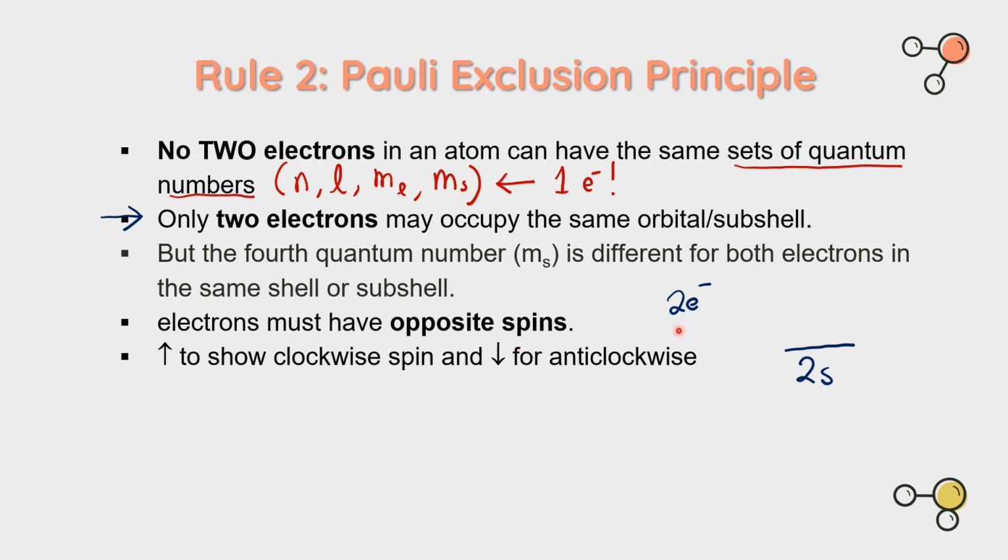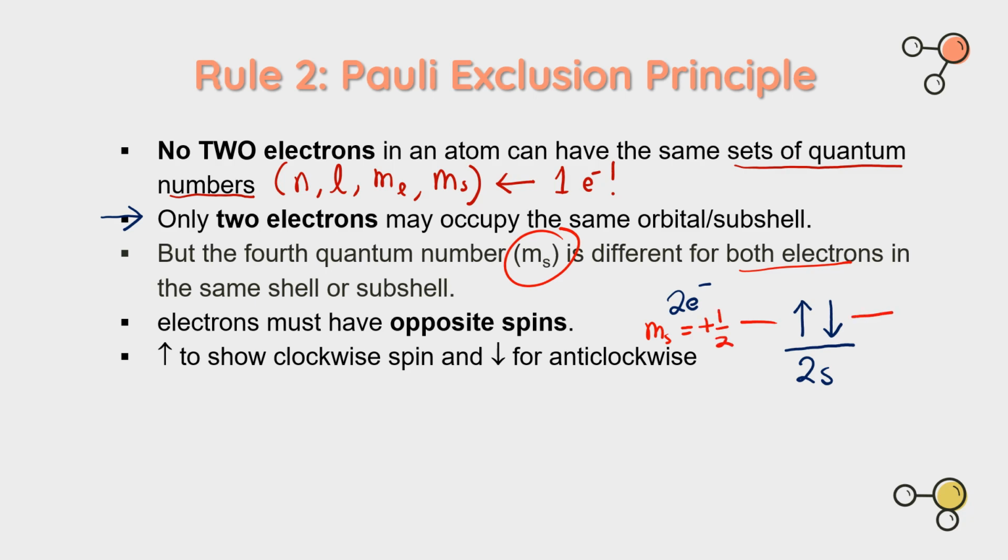So in order to arrange these two electrons in this orbital, you must arrange them according to opposite spin, meaning satu anak panah ke atas, satu anak panah ke bawah, supaya the value of ms will be different for both electrons. Bila anak panah ke atas, this is clockwise, so the value of ms will be plus half.